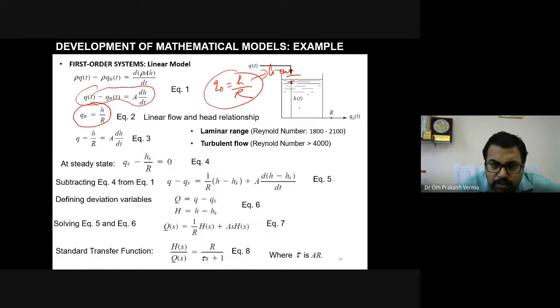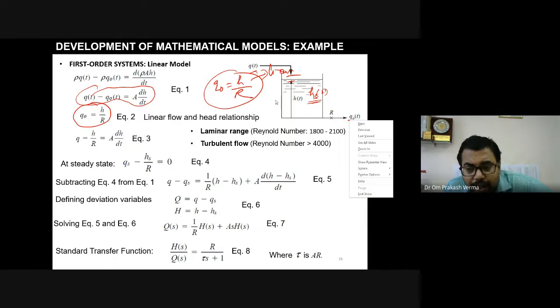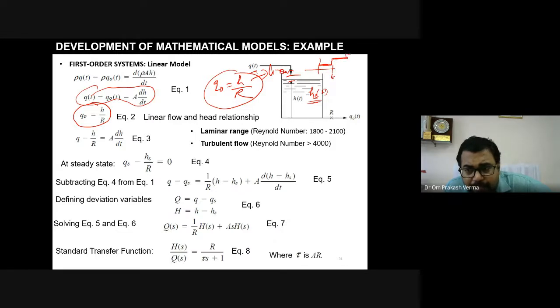Why? Because after some time it will attain a steady state value. If Q(t) and Q naught(t) change in another fashion, or there is a reference value, let's say we have a first reference value and we want to follow this input, and then after some time you want to follow another input, it means your steady state has changed. After time T1 or T2, your target is now changed.